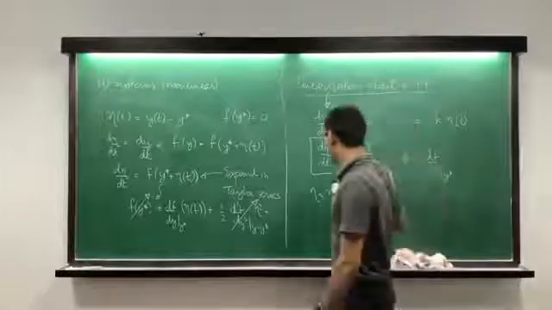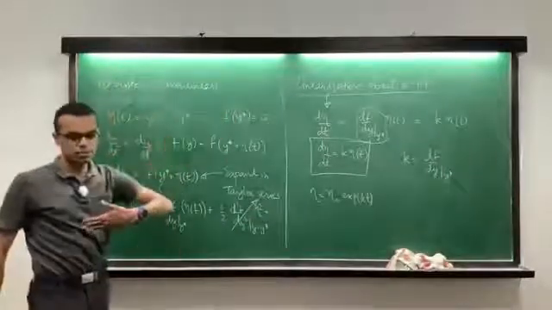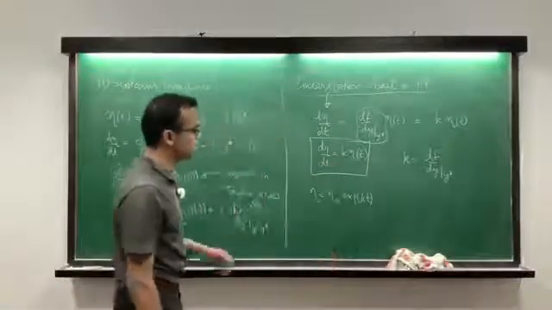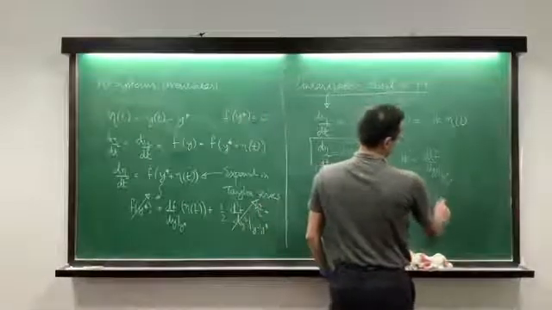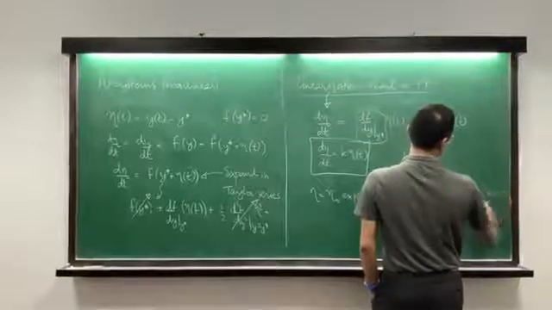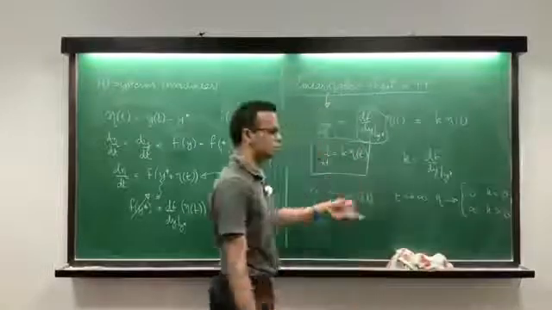Depending on the sign of k, the eta will either blow up or it will go to 0. If k is negative, it will go to 0, as t goes to infinity, of course. So as t goes to infinity, eta goes to 0 if k less than 0, or it goes to infinity if k greater than 0. One is exponential growth, one is exponential decay.